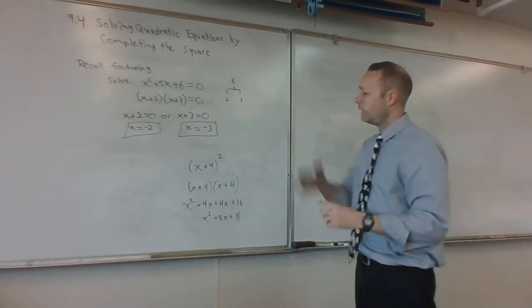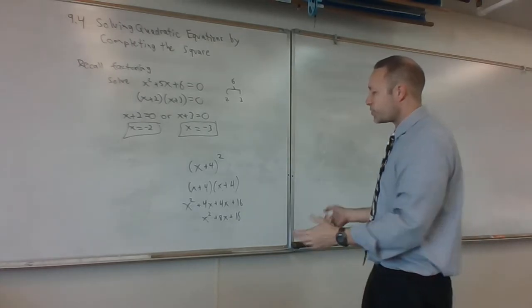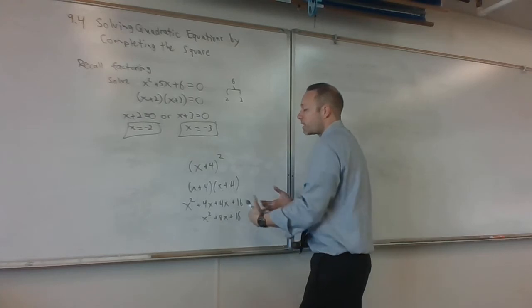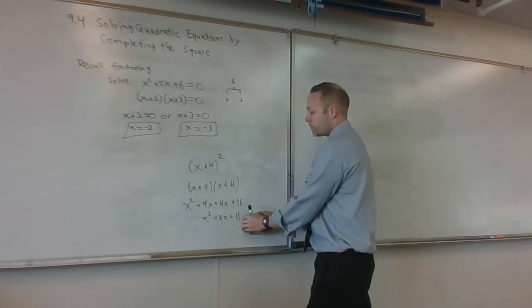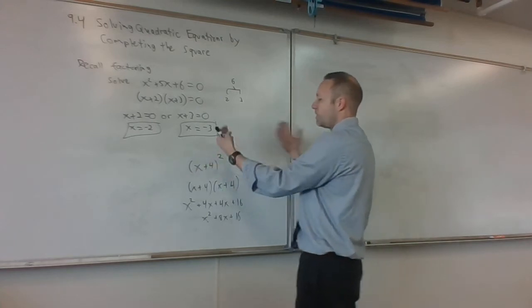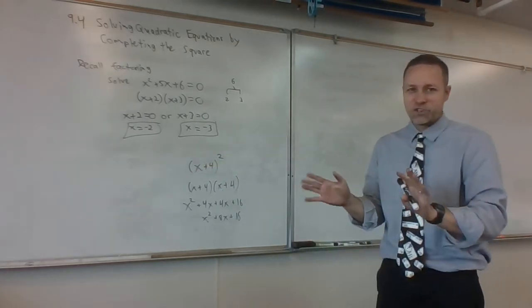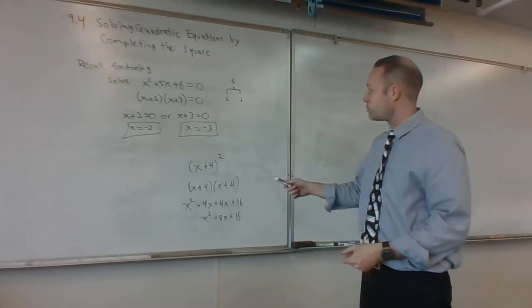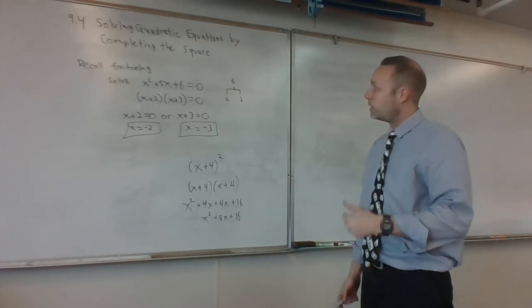And what this lesson does is we start out with something that maybe doesn't fit this pattern, but we will modify it to fit the pattern so we can turn it into this, and then once it's turned into this, we can solve. That's kind of the gist of what's going on. We'll step through it. Let me give you some step-by-step instructions, and then we will do an example.